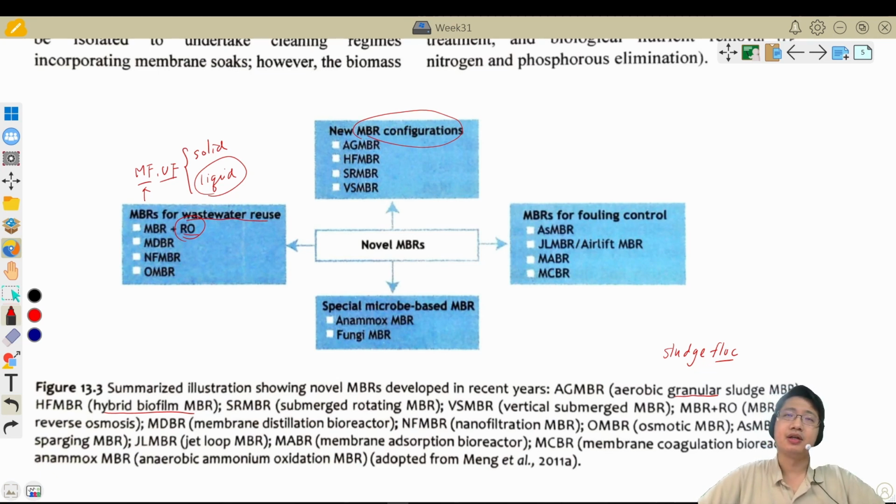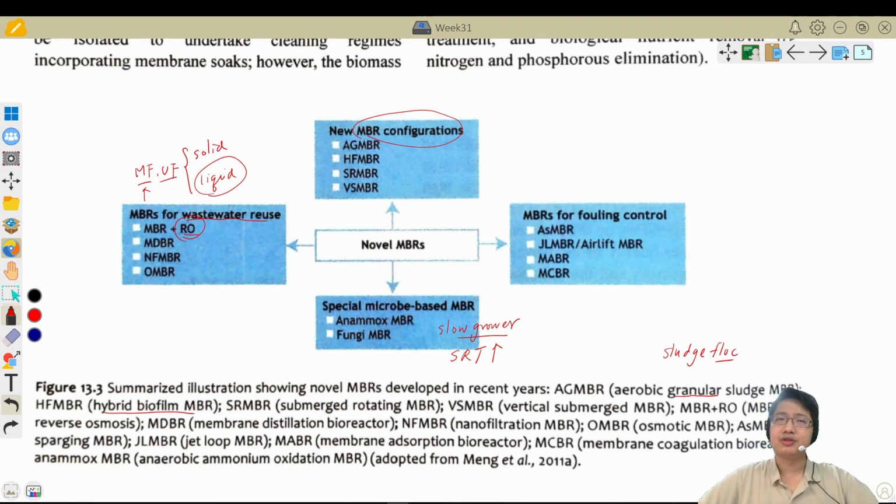And also you will get MBRs for very special microbial-based MBR. This is typically used for slow growers. For those slow growers, you need more time for their sustaining, so you will have a very high SRT here. As we just mentioned previously, sometimes high SRT makes your sludge become bulking.